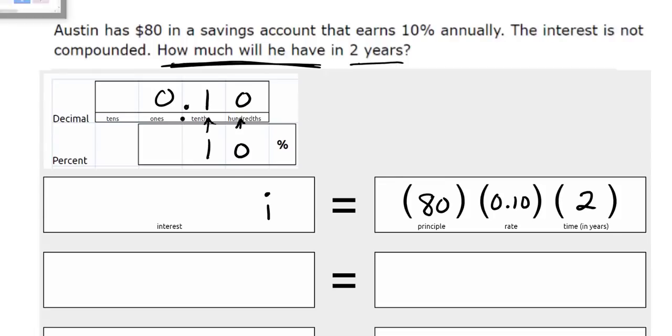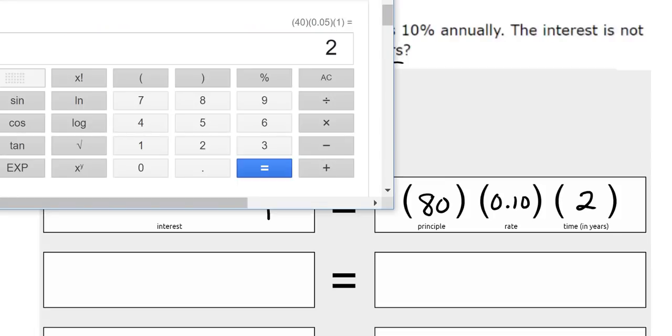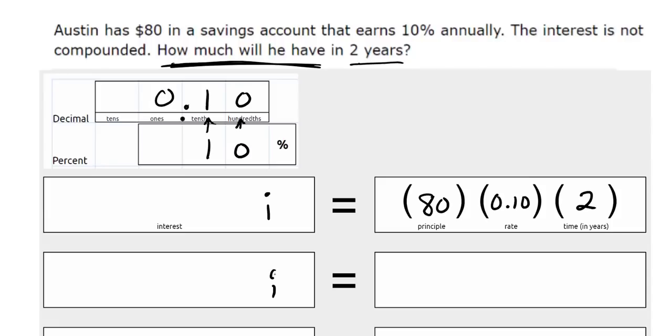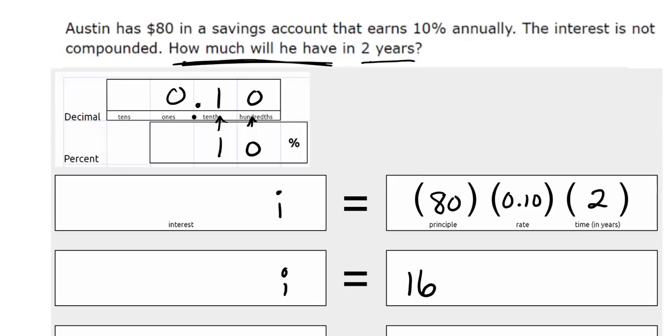Let's go back to my calculator. If we take 80 and we multiply it times 0.10, and we multiply that by the years that we're going to keep it in, we end up with an answer of 16. So our interest is going to be $16.